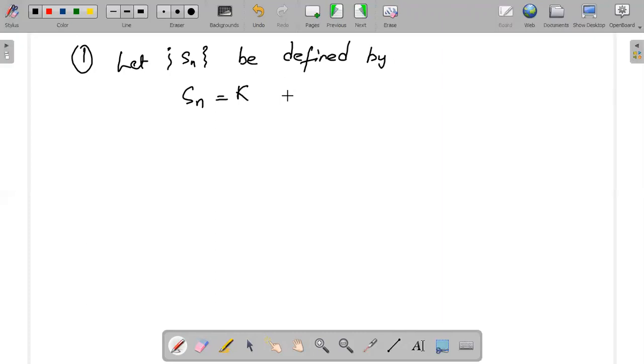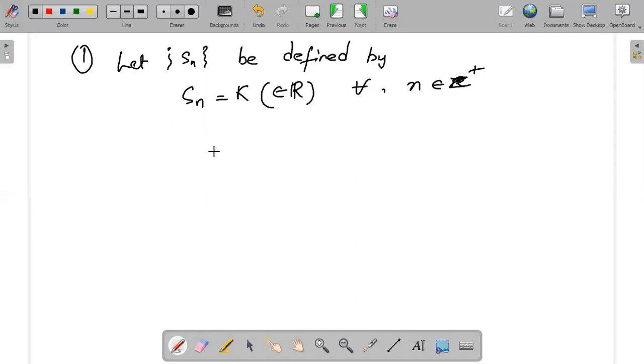Now, this we have learned yesterday, that k is some constant which belongs to R, and it is real, for all n belongs to Z plus, where Z plus is the positive integers. Let us see that.